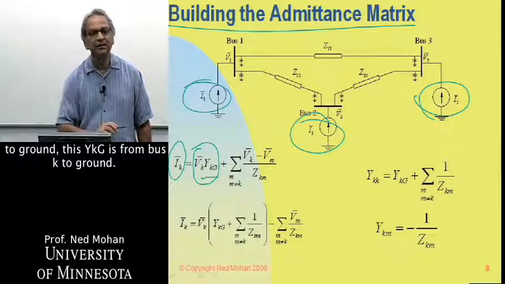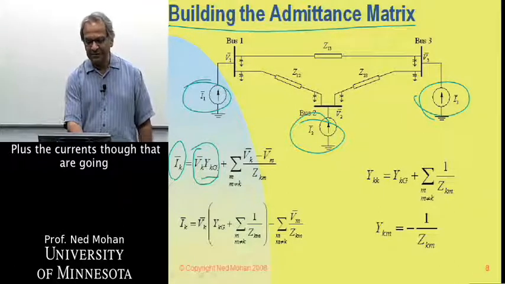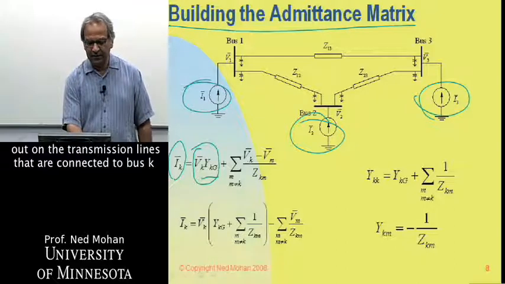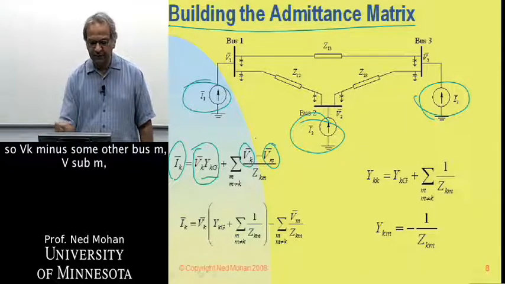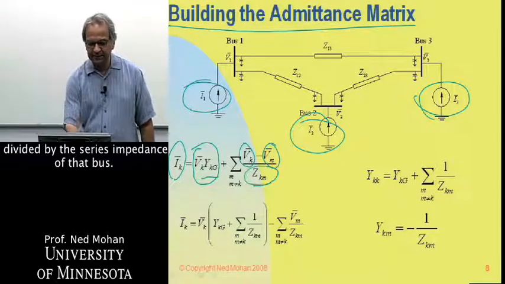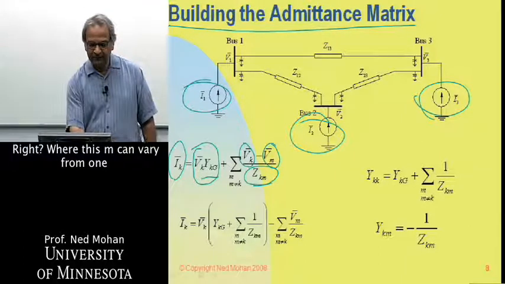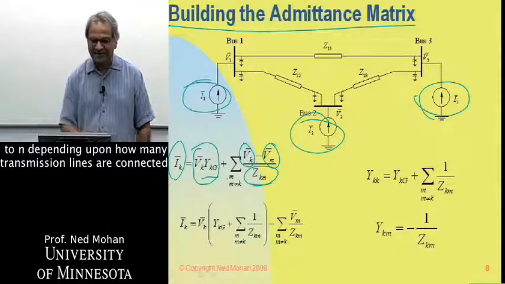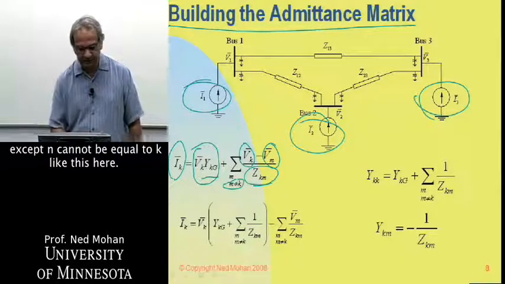This YKG is from bus K to ground, plus the currents that are going out on the transmission lines connected to bus K. So VK minus some other bus M, V sub M, divided by the series impedance of that line, where this M can vary from 1 to N, depending upon how many transmission lines are connected, except M cannot be equal to K.